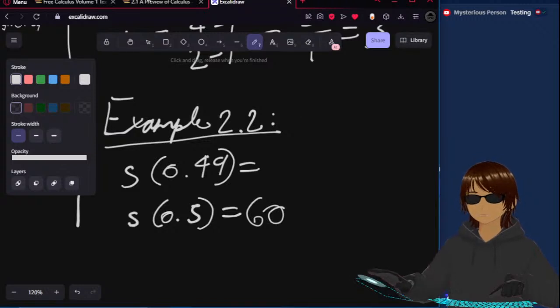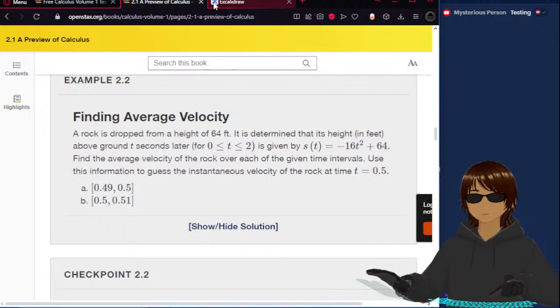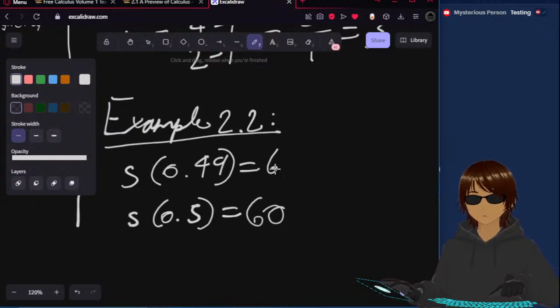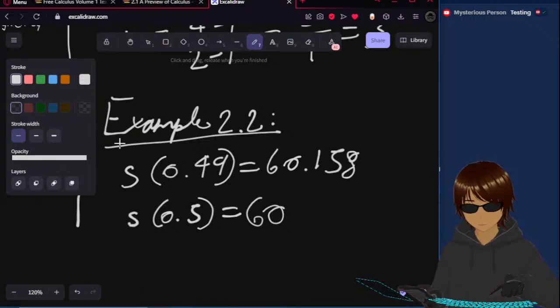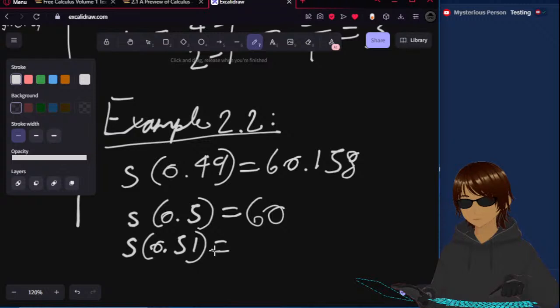Now I will do 49. Okay, 60.158. And the other one, the last one, S of 59.